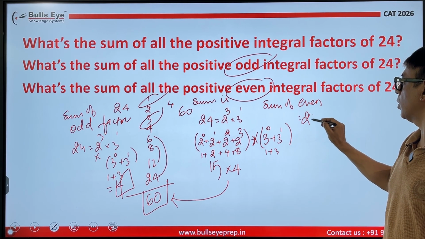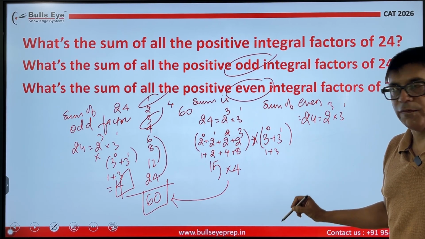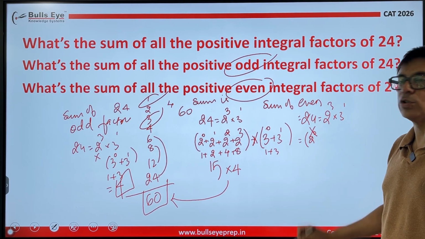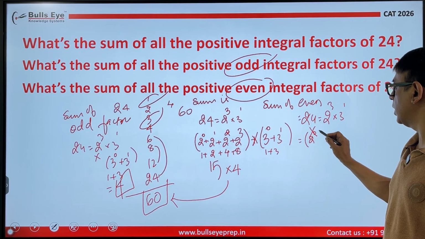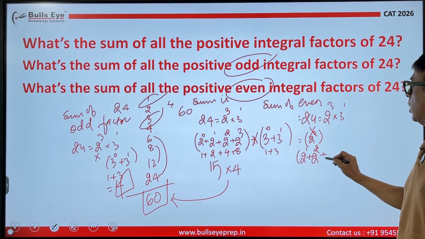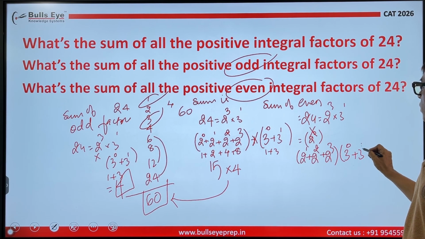So 24 is 8 into 3. For the sum of even factors, you don't take 2 raised to 0. You start with 2 raised to 1, 2 raised to 2 and 2 raised to 3, and this is 3 raised to 0 and this is 3 raised to 1.